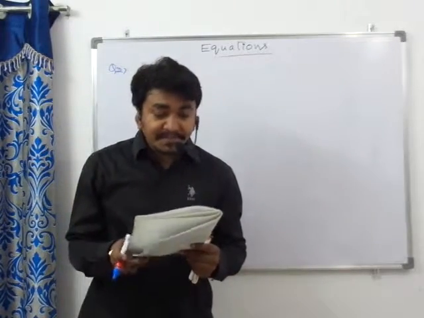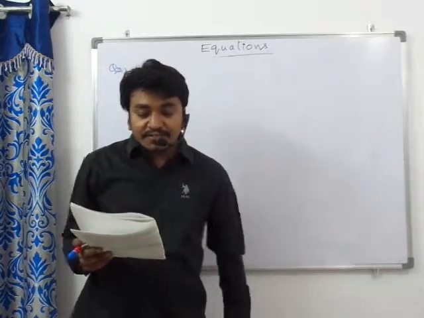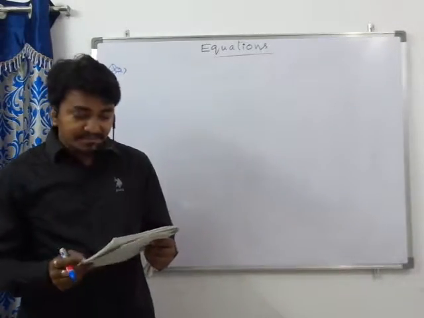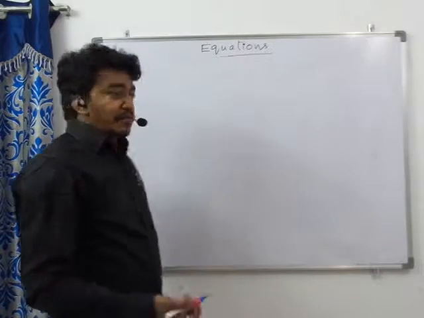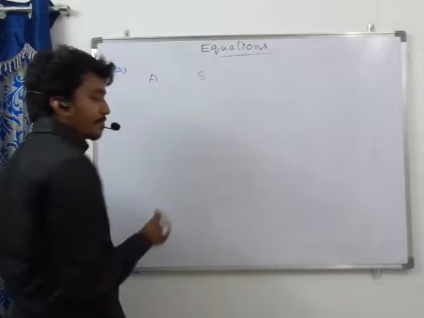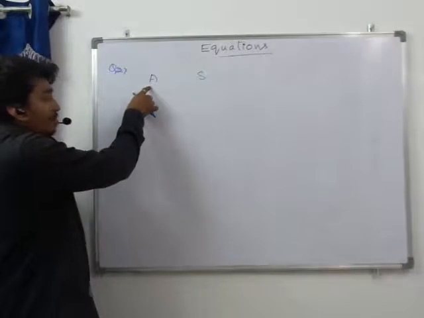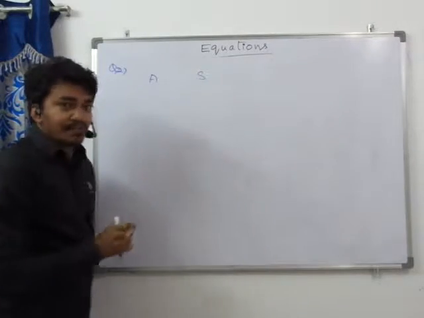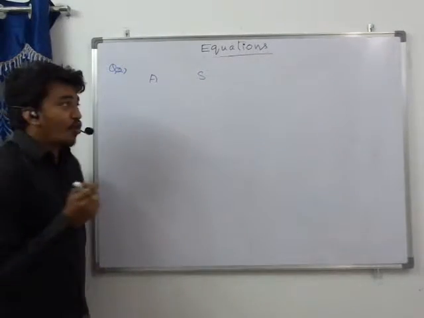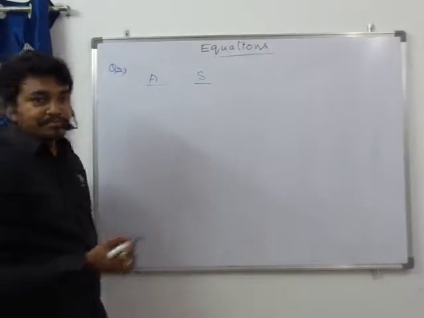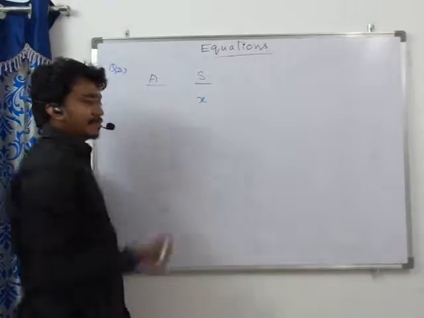If the difference between the number of marbles with them is 64, what is the total number of marbles with them? So let us understand the question. We have two persons, Anurag and Sudeep. The number of marbles with Anurag is 5 times the number of marbles with Sudeep. Do you know how many marbles Sudeep has? We don't know. So take it as X marbles.